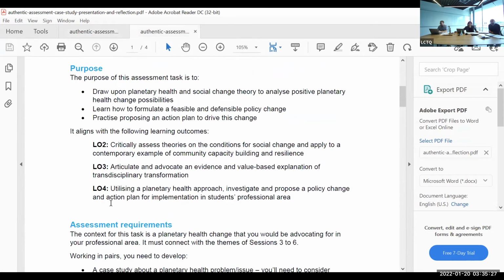If you look at learning objective 4, the student is required to adapt this task to presumably their own profession, their own employment area, right? And the action plan or the policy change would have to pertain to your area.